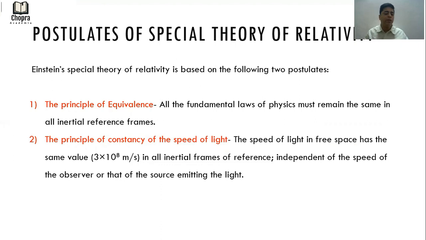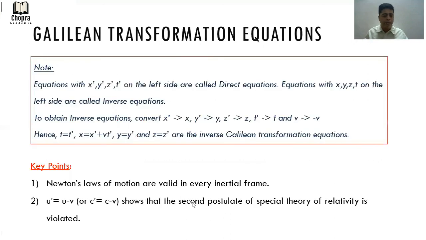So the measurement of the speed of light by the observer in the S dash frame should be equal to the measurement of the speed of light by the observer O in frame S. That is what the second postulate says, which has been violated here by the Galilean transformation equations, wherein you have c dash is equal to c minus v. So this is a very important result from the Galilean transformation equations.